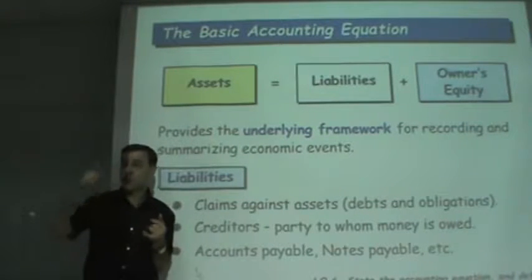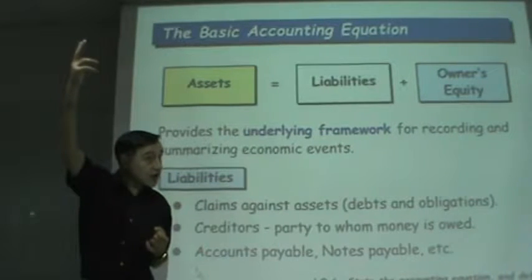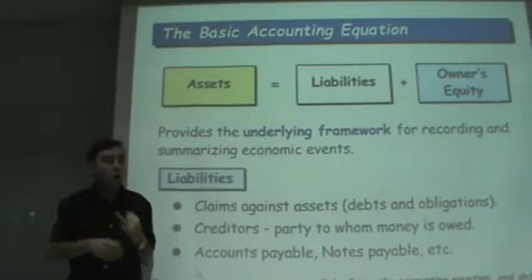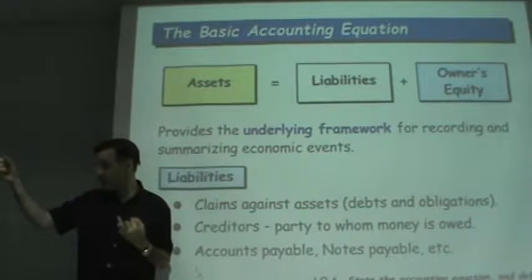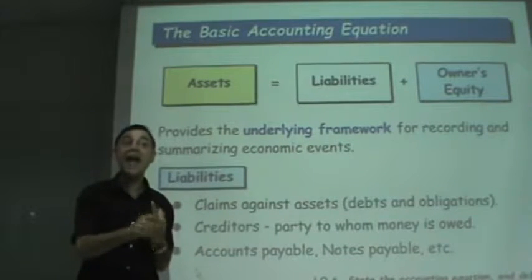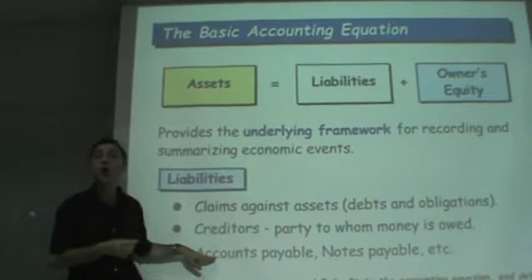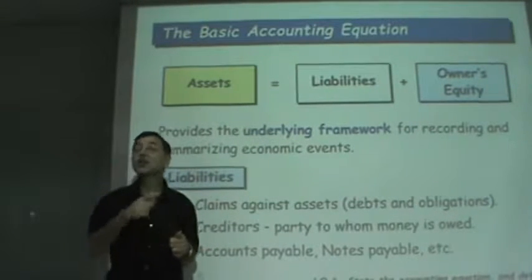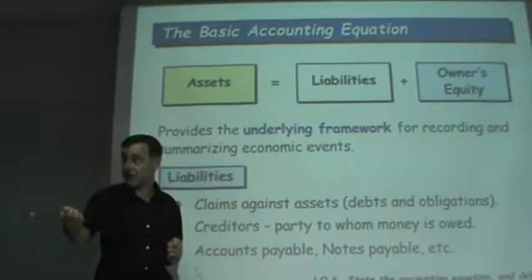It may owe to suppliers, it may owe to the electric company, it may owe taxes later on to the government, okay? It may owe salaries to the employees, and maybe it will owe dividends to the owners. We call these the investors, okay?